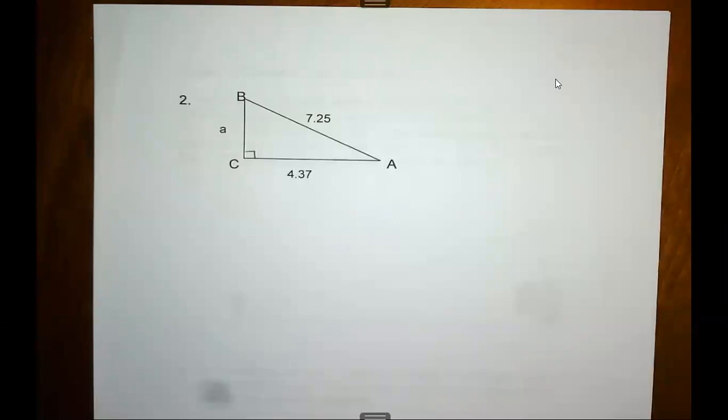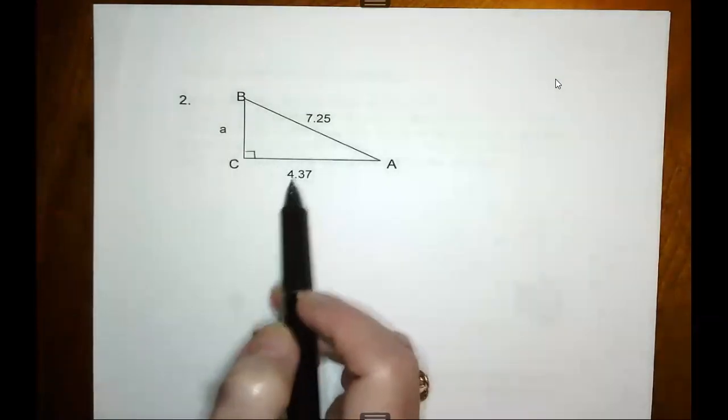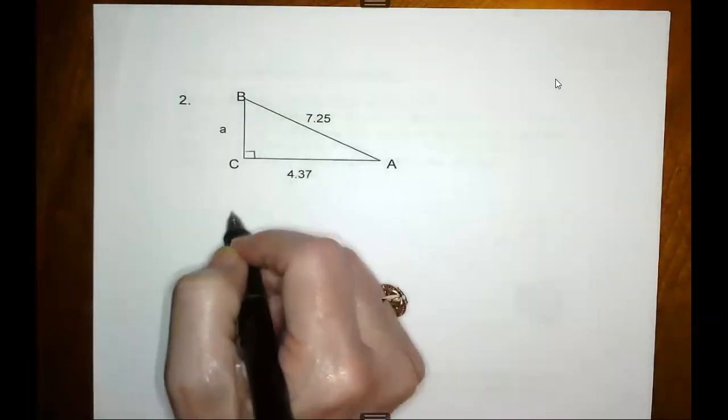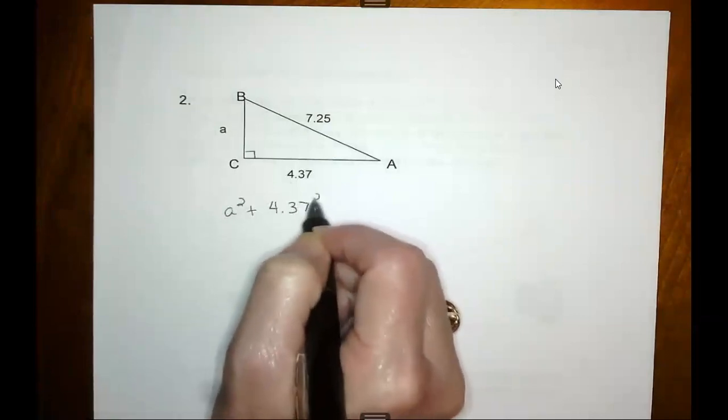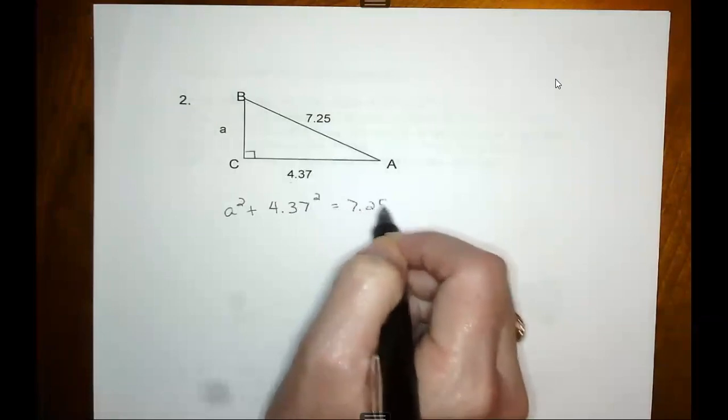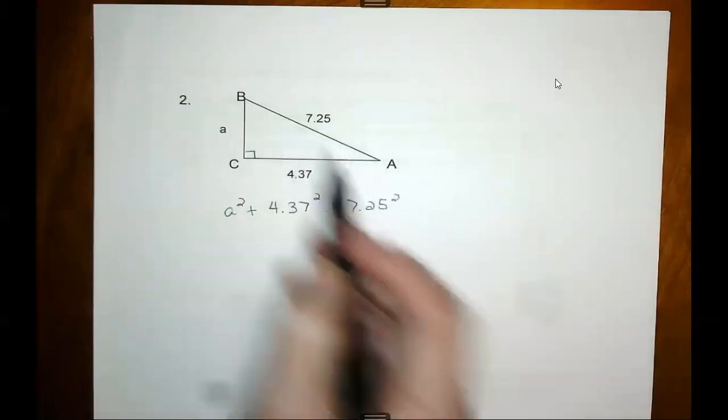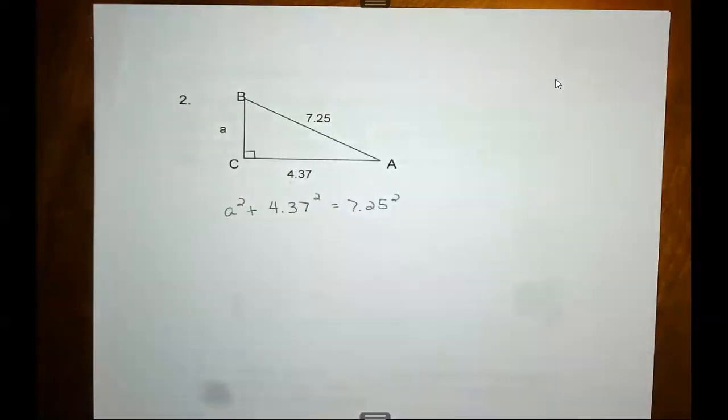So let's talk about side A here. If I want to find side A, I really don't need trigonometry for that either, just some real basic geometry, because the Pythagorean theorem would help me find side A. A squared plus 4.37 squared would equal 7.25 squared. Always remember that the hypotenuse goes out there by itself.